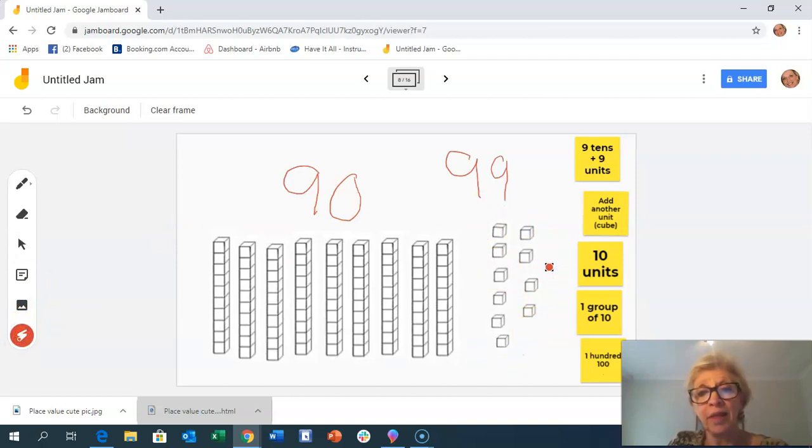That one unit makes 10 units, or a group of 10, but now it changes this not to 99 but to 90 plus 10, which is 100. Yay! Maybe I should use a pen for that. 100.